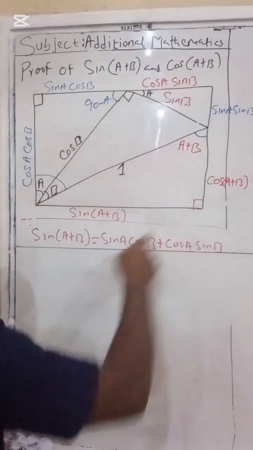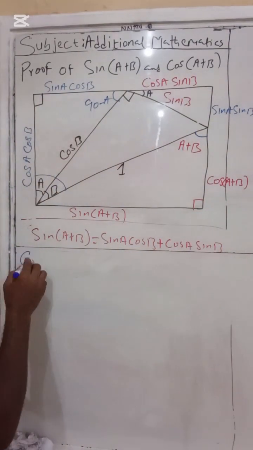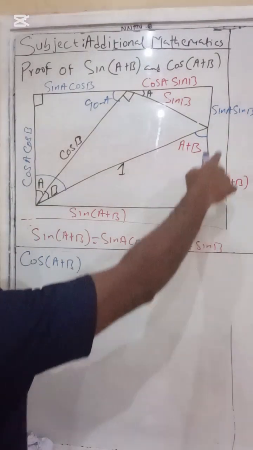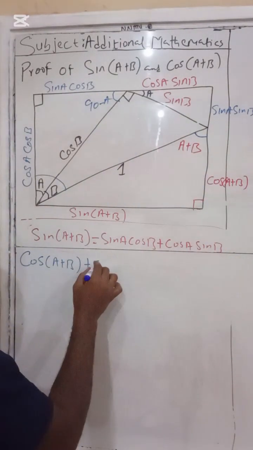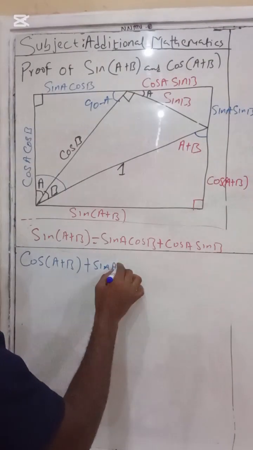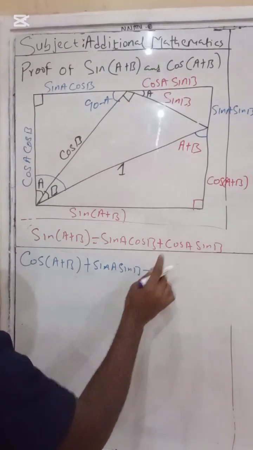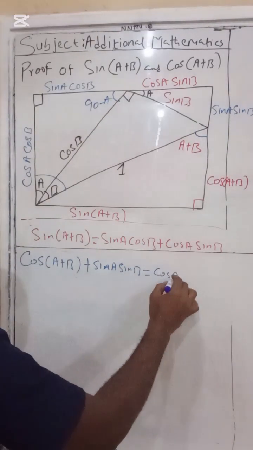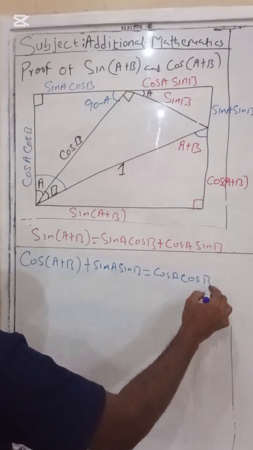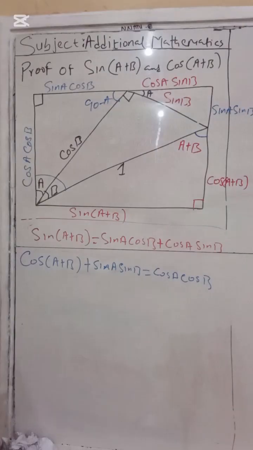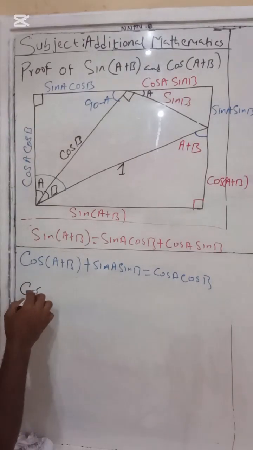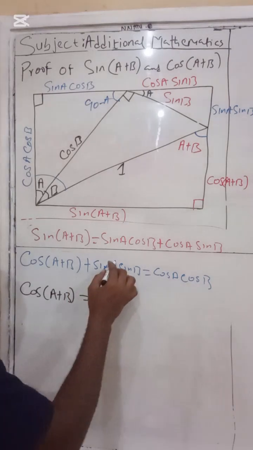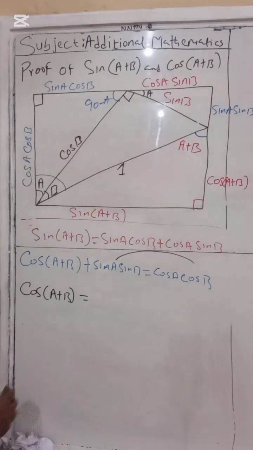That means cos A plus B, then plus sine A sine B, equals cos A cos B. So when we collect like terms, we're going to have that cos of A plus B equals, if this crosses, it becomes minus.